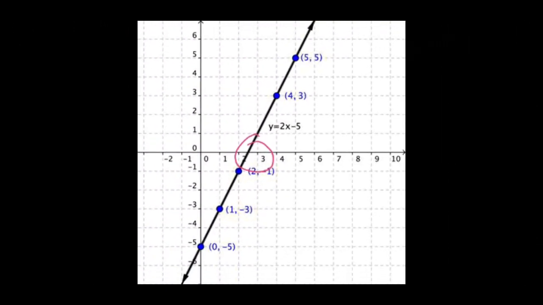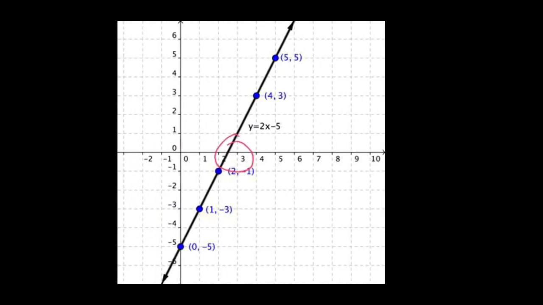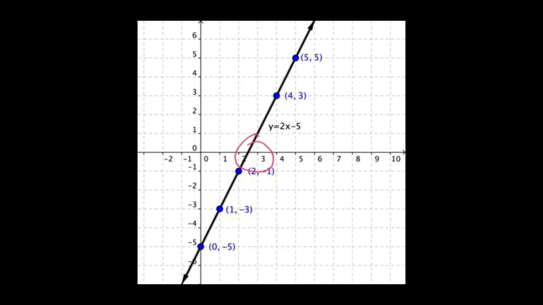Listen again. In the first graph, our graph is not intersecting the x-axis, so this polynomial has no zero. But here it is meeting at one point on the x-axis, so it has 1 zero. That is, in the case of a linear polynomial, sometimes there may be 1 zero, in some cases there is no zero.